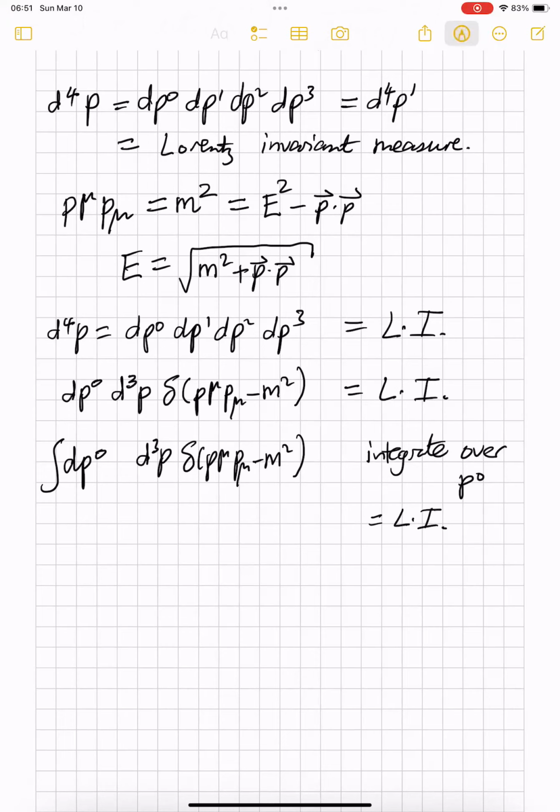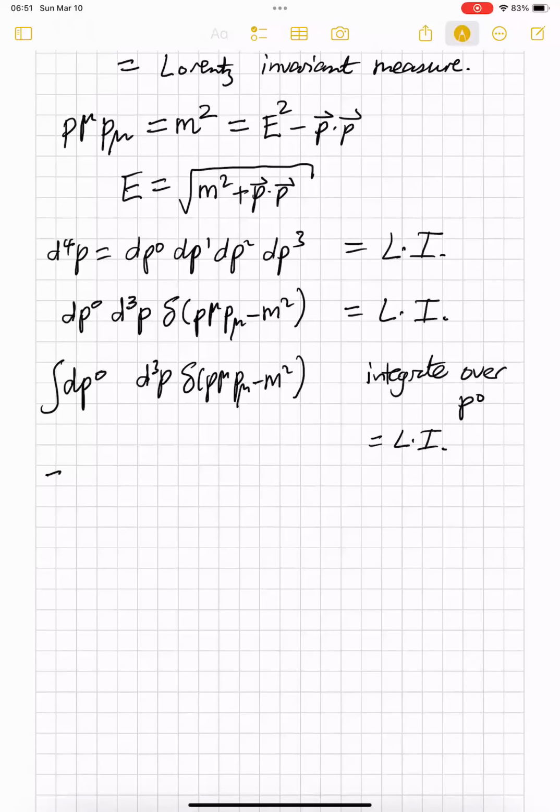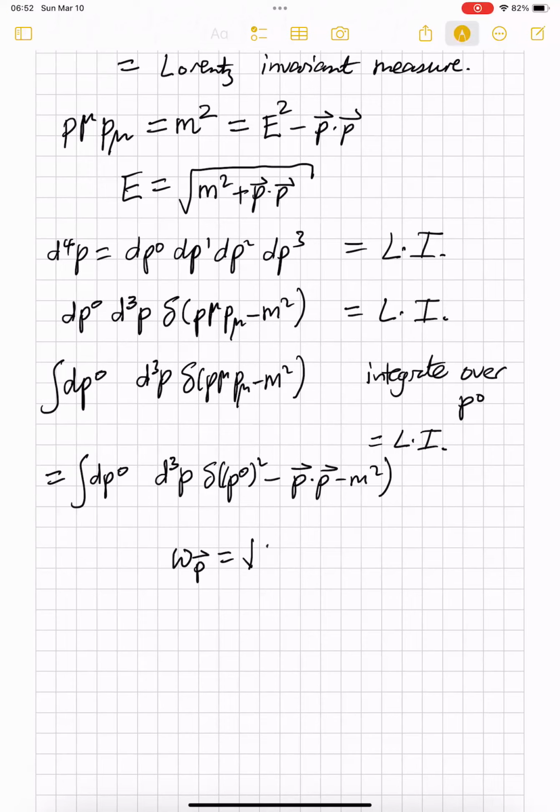Whatever I'm going to get is going to be a Lorentz invariant quantity. So let me calculate that now. I've got an integral dp⁰, I've got d³p, then I've got the delta function of p⁰² minus p·p minus m². And I want to introduce a little bit of notation. From now on, I'm going to call ω_p the square root of p·p plus m².